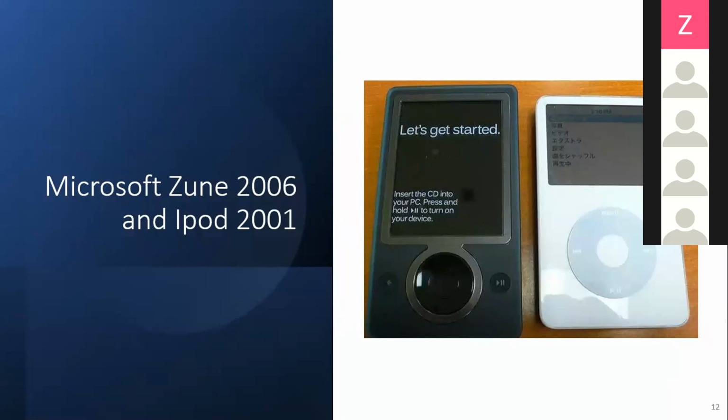Microsoft Zune was also targeted at the young population who listen to music, but they were a little bit late. So iPod came in 2001 and Zune came out in 2006. So this 5 years of gap in pushing their product into the market really cost Microsoft very heavily, because this product never took off. So the timing also becomes very, very important.